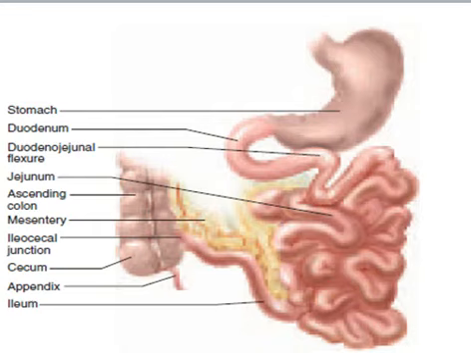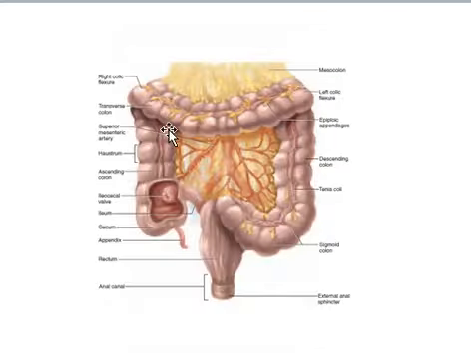Now the large intestine, as I said before, starts from the cecum on the right side of the abdomen.